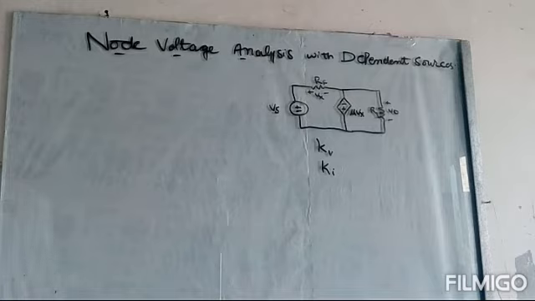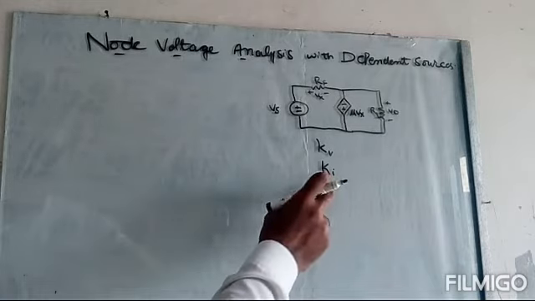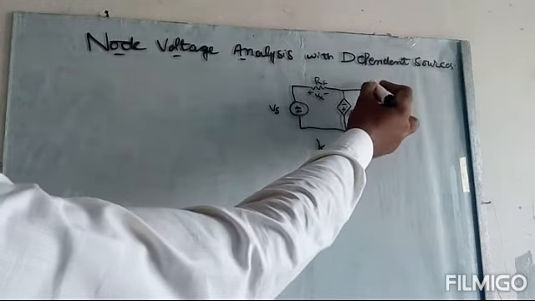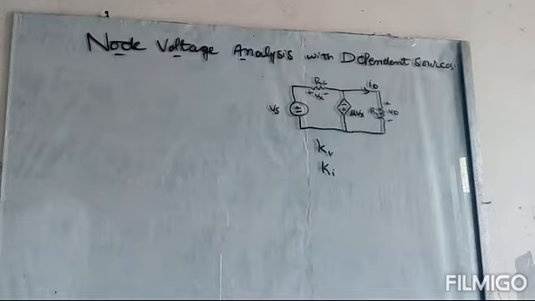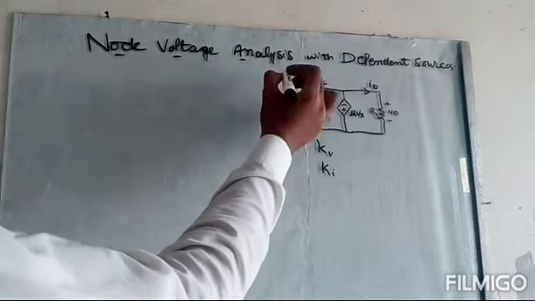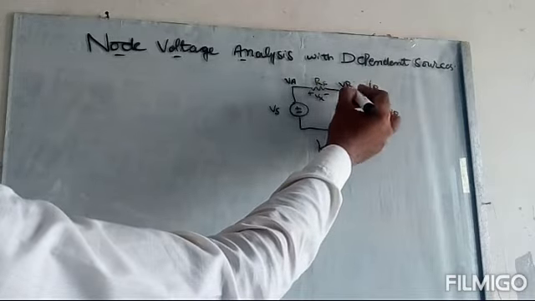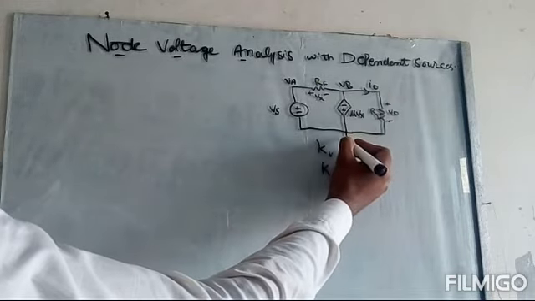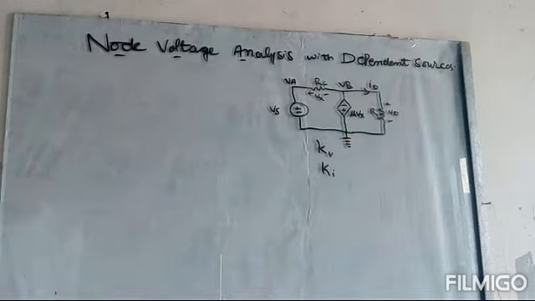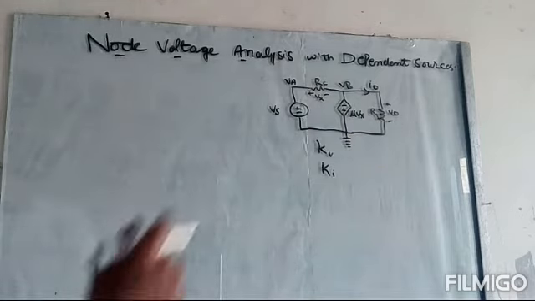For voltage gain we will find V0 over Vs, for current gain we will find I0 over Is. So to find voltage gain we need the voltages at two nodes, this is Va, this is Vb, and this is Vc, and I am considering it as ground, so the reference voltage will be 0. Now we want to find Va and Vb.